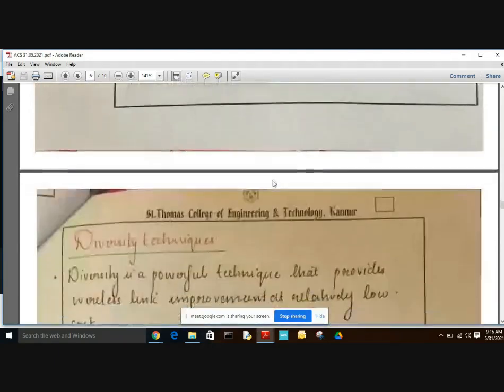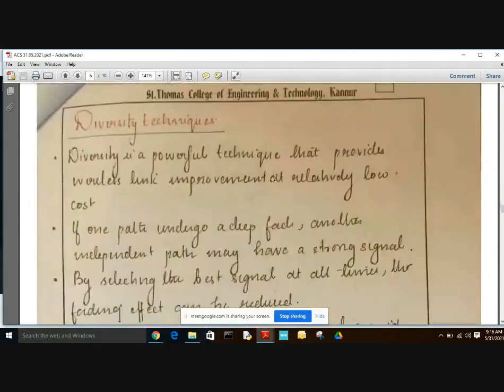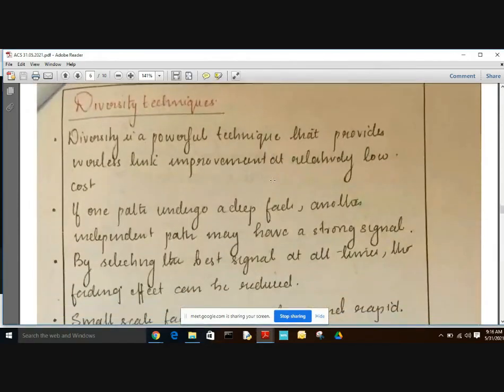Now we will move on to diversity techniques. Diversity is a powerful technique that provides wireless link improvement at relatively low cost. Diversity means having two or more paths, so if one path fails, we can obtain the signal from the other path.